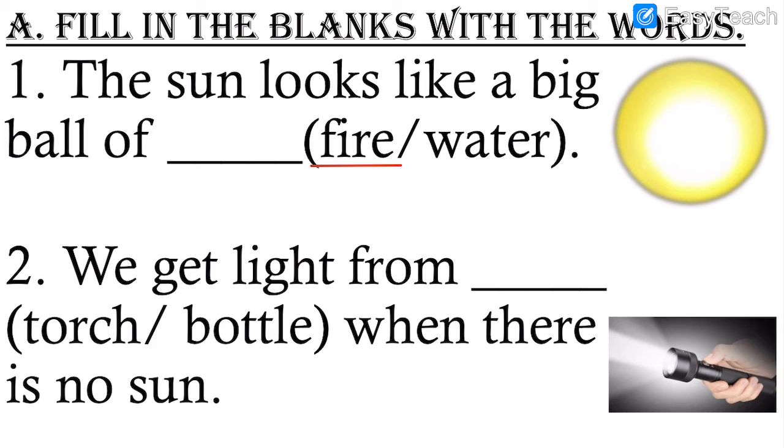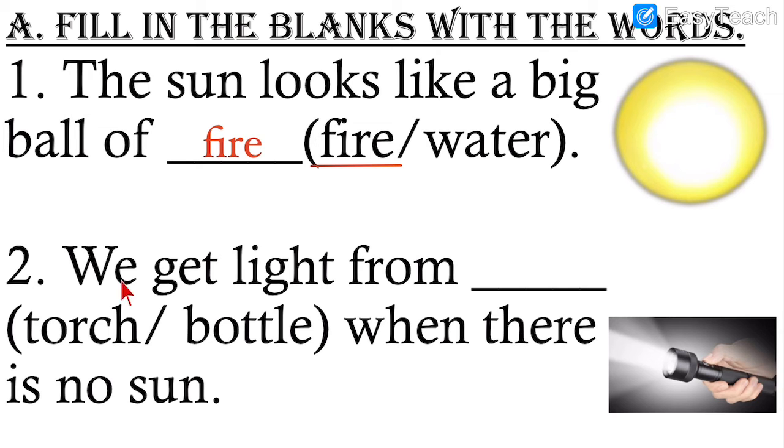So that is a form of fire. It is very, very hot. Let us write the answer. F-I-R-E, fire. Here is the answer. You have to write the answers as well. The sun looks like a big ball of fire.